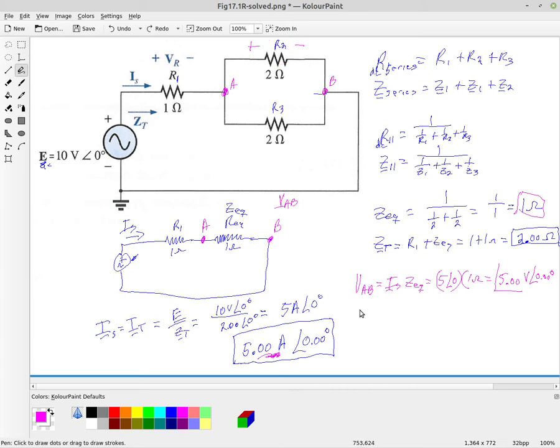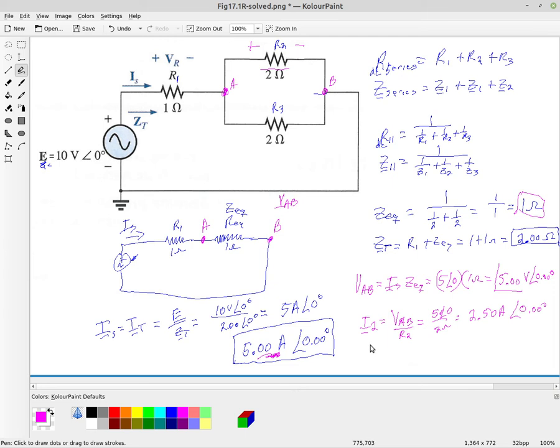And so we can therefore also calculate the current through those resistors. The current through resistor 2 is the voltage VAB divided by the resistance of R2, or the impedance Z2, but it's just a resistor here. VAB was 5 angle 0, and we divide that by 2 ohms, which gives us 2.50 amperes at an angle of 0.0 degrees.